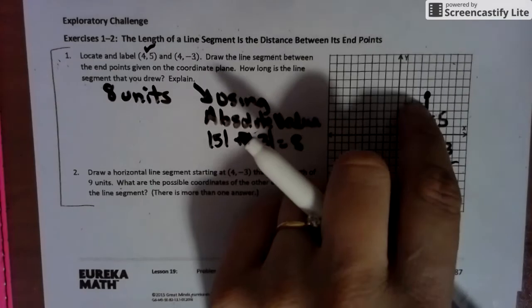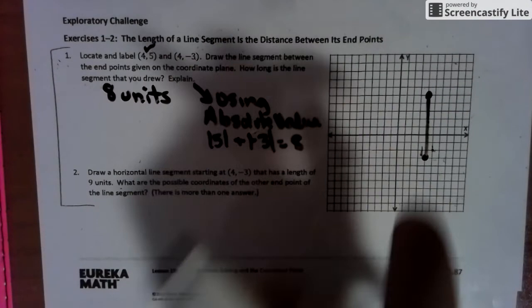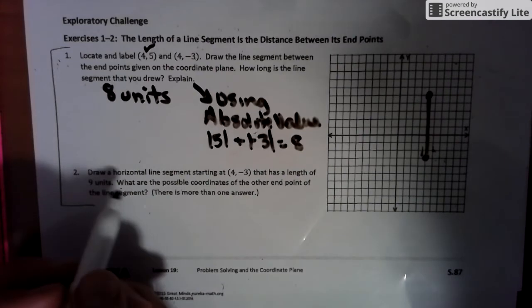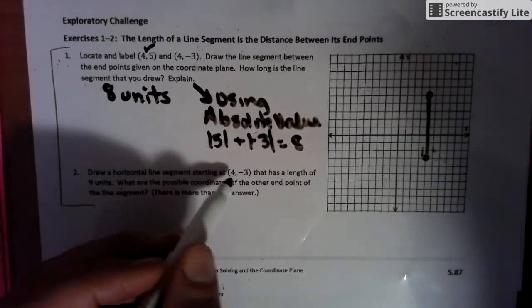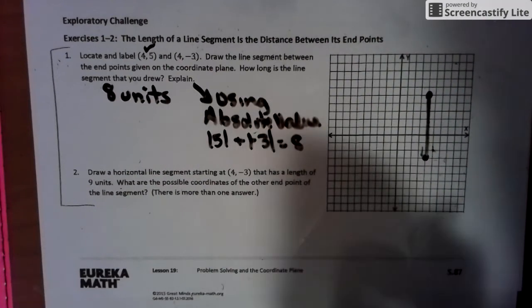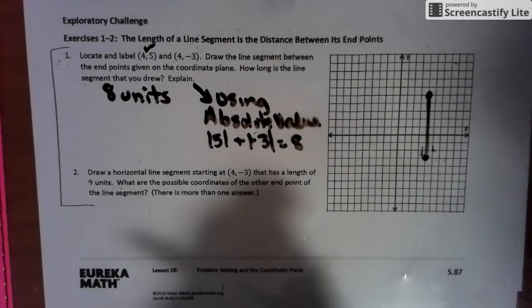Okay, now I'm going to get rid of all of this because we're going to use everything else on this one. Draw a horizontal line segment starting at (4, negative 3), right here, that has a length of 9 units. What are the possible coordinates of the other endpoint?